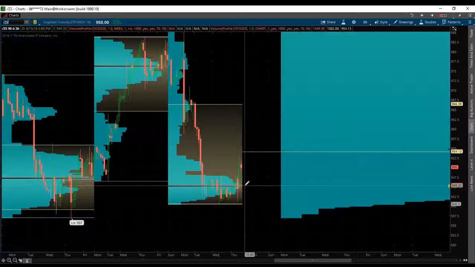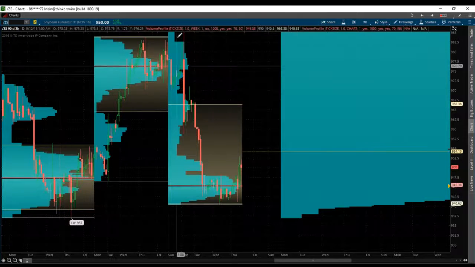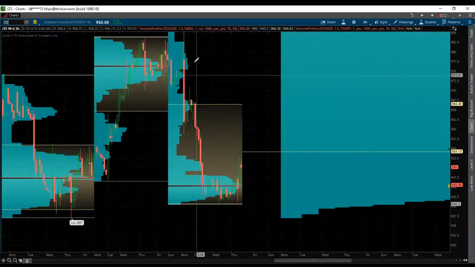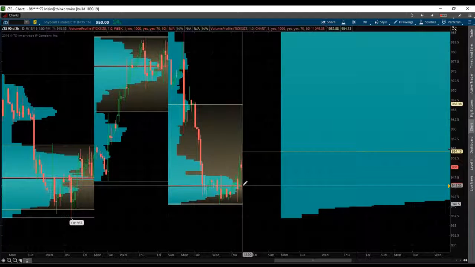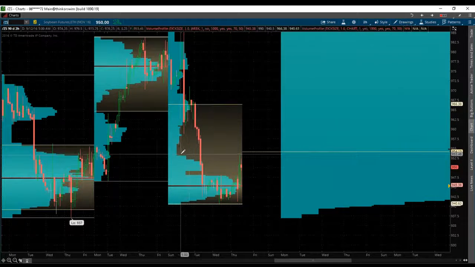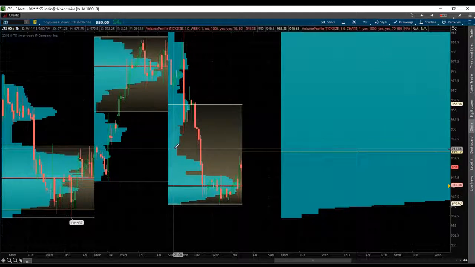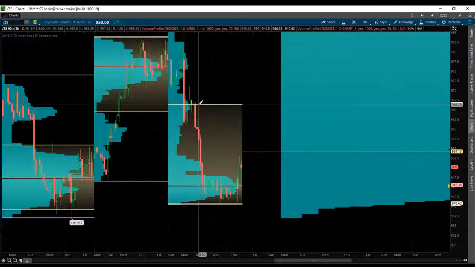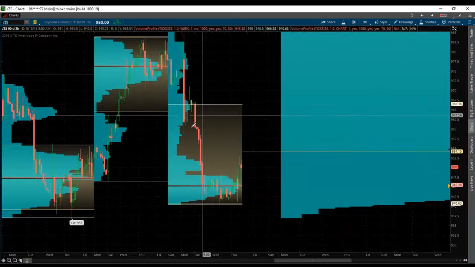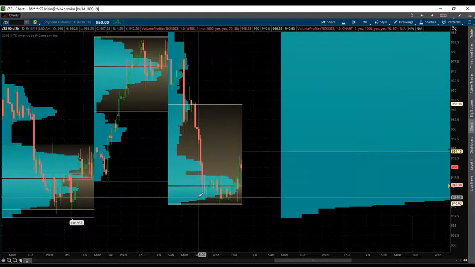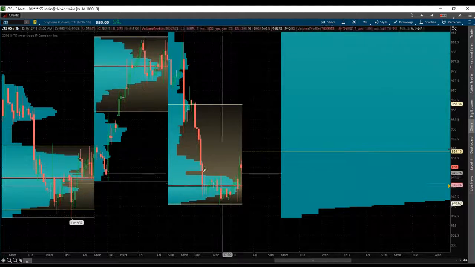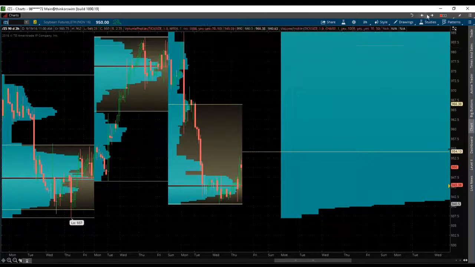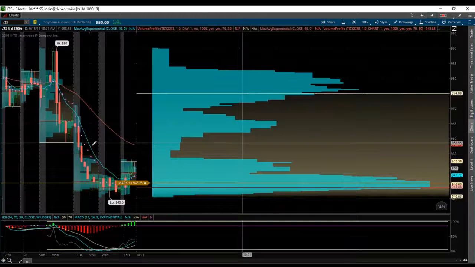I personally was looking to get long because I had all of this location ahead of me, and if this thing got above 945, we've got some pretty nice targets in terms of 954, and then back up here to 966 in terms of what I'm looking for. So I was looking for this, and we broke.